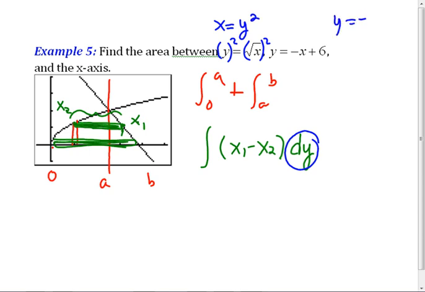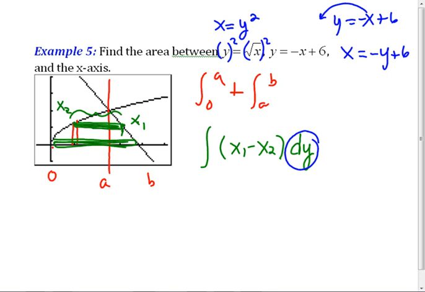What if I solve this one for x? Y equals minus x plus 6. If I put the x over here, it becomes what? X. And I want to get the y on the other side, right? Is that right? Now, I gotta think, which one's first? Hey guys, which one's first?